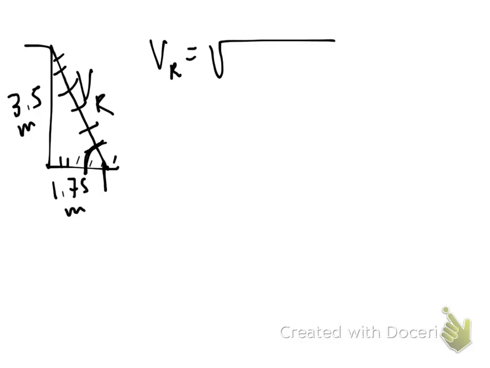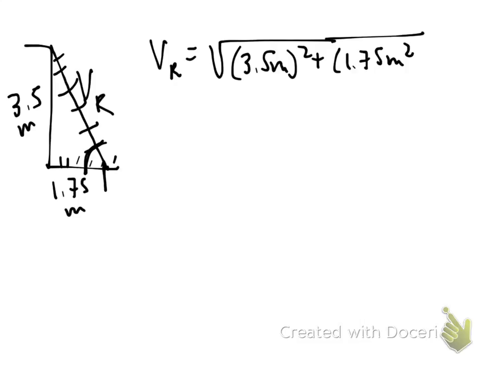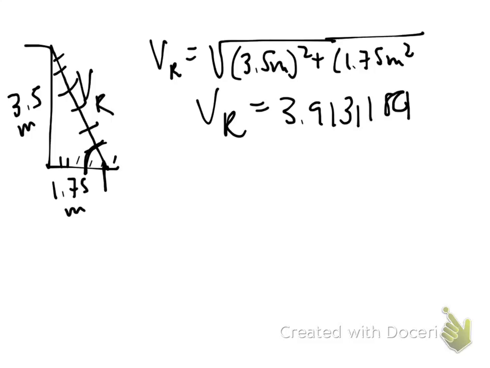VR equals the square root of 3.5 meters squared plus 1.75 meters squared, and we get a VR of 3.91311861 meters.